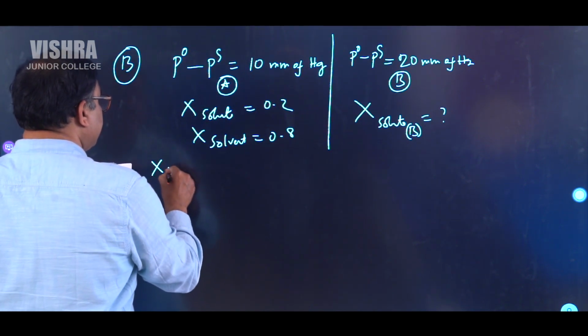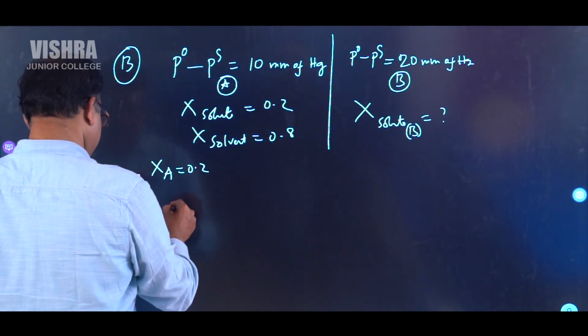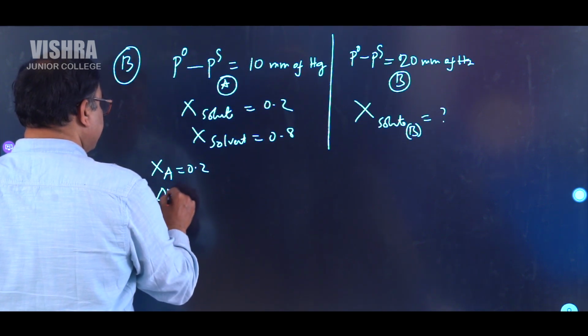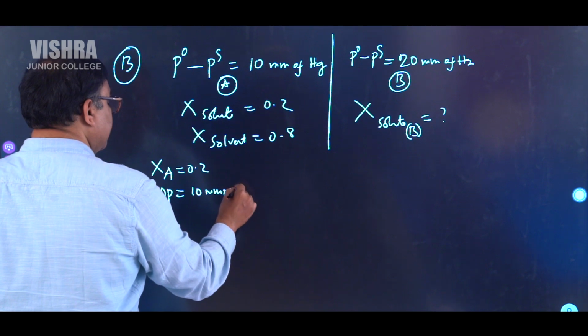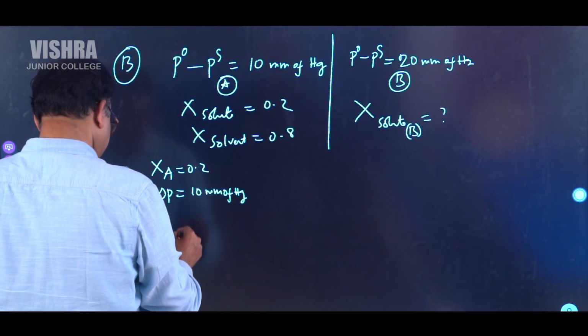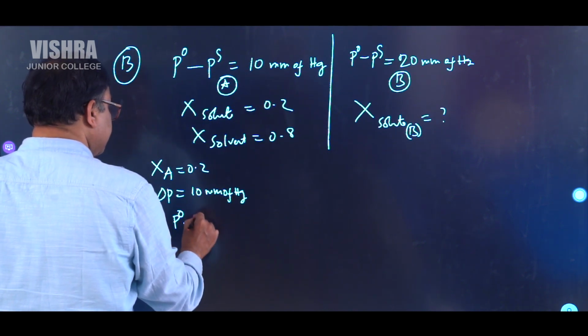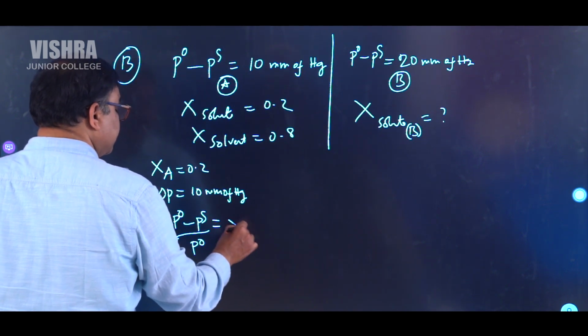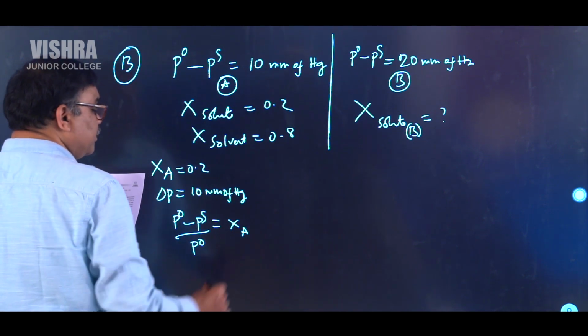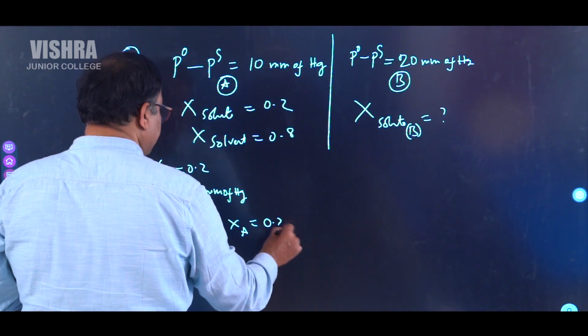X of A is equal to 0.2. So delta P is equal to 10 mm of mercury. So we are applying that. P0 minus Ps by P0 is equal to X of A, which is equal to 0.2.